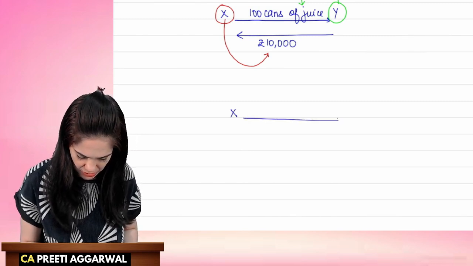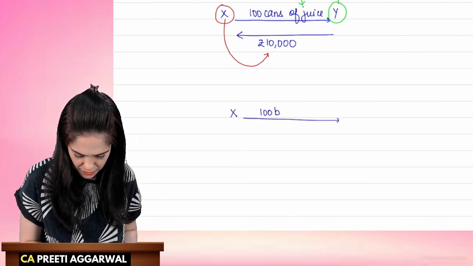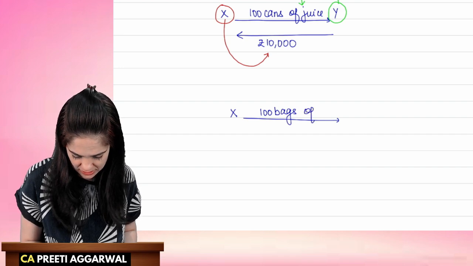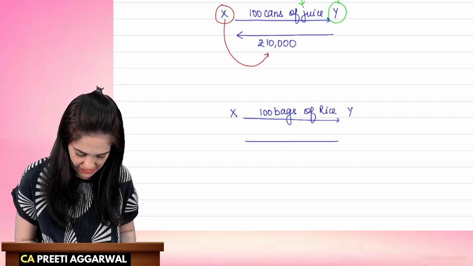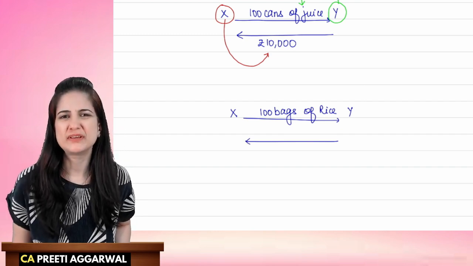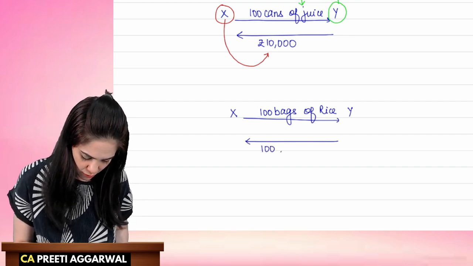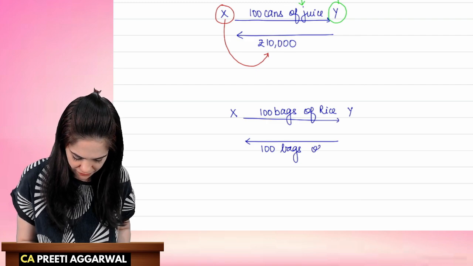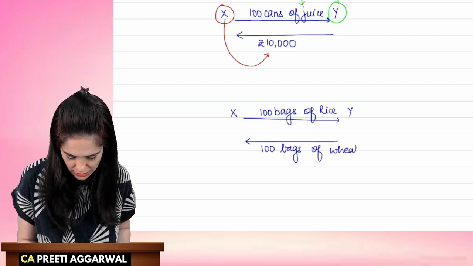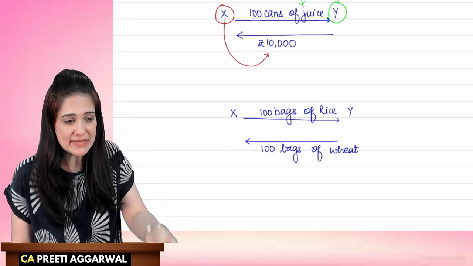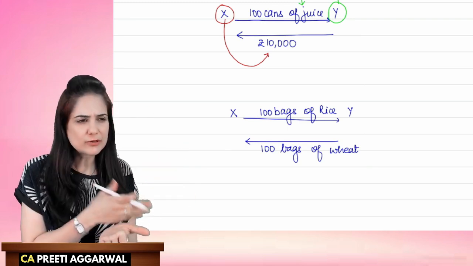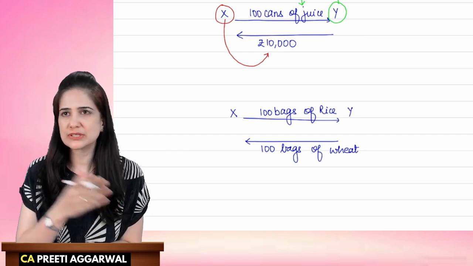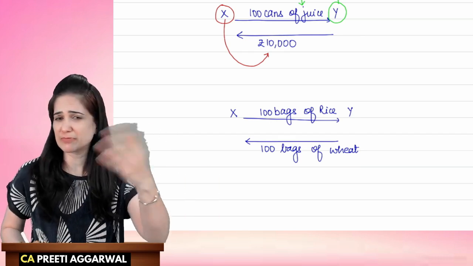X agrees to sell 100 bags of rice to Y. And Y says, I don't have money. I will give you 100 bags of wheat. We are not concerned whether you get money, whether you get goods. You must get something in return. Partly goods, partly money, partly goods, services, money.